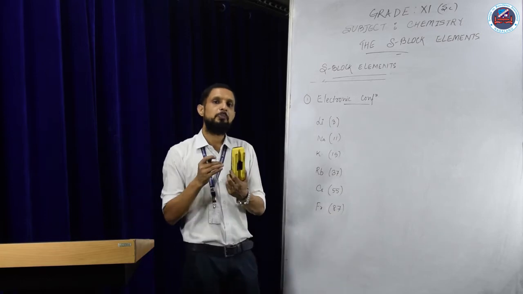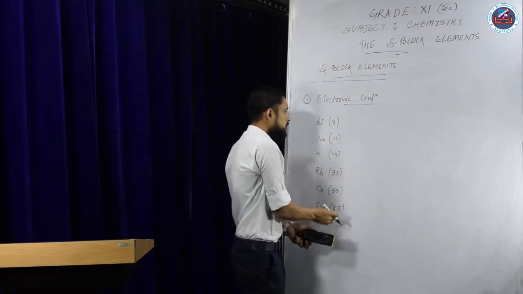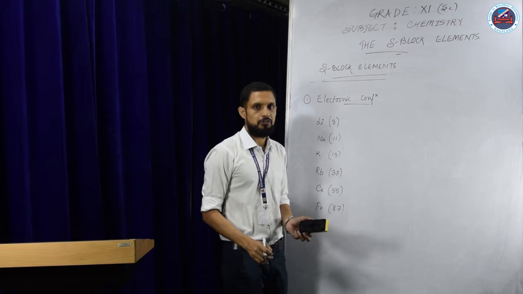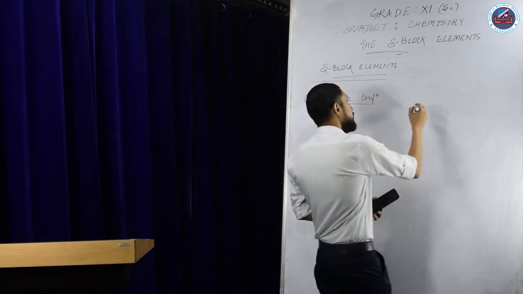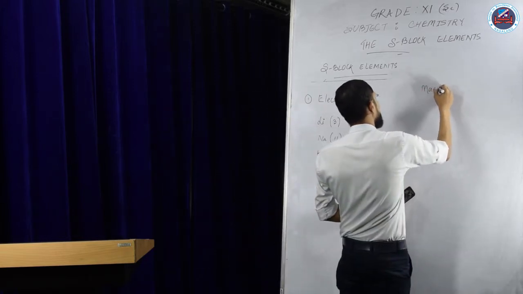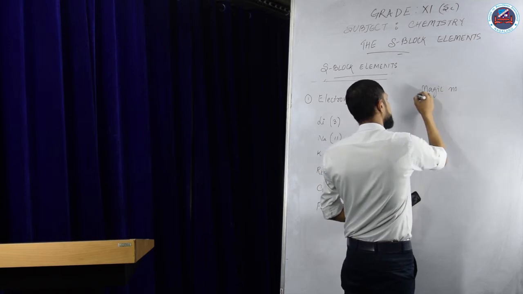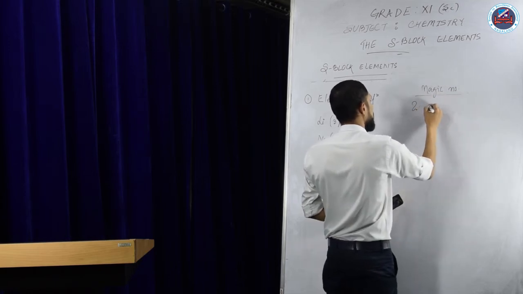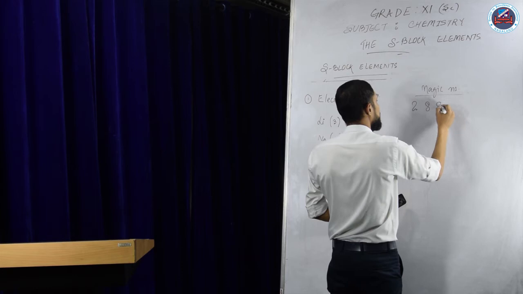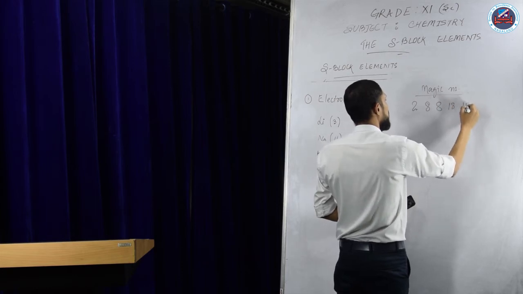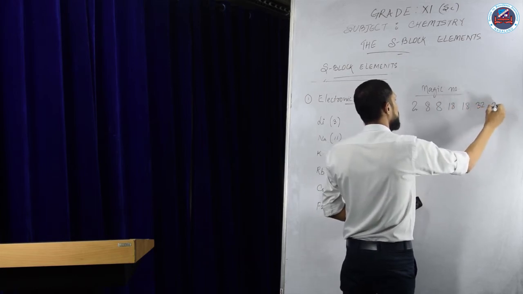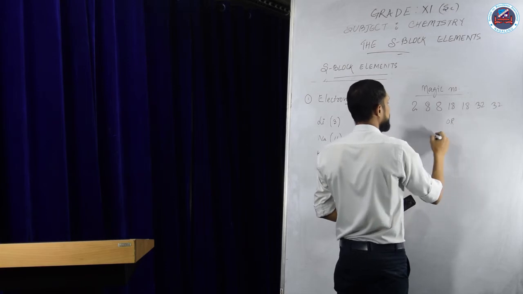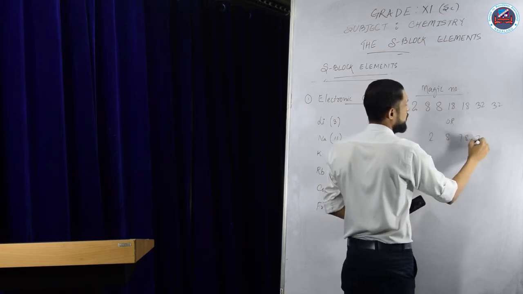Now there is a simple trick to remember the atomic numbers of the elements of group 1. There is this number called magic number, and it's 2, 8, 8, 18, 18, 32, 32. It's also written as 2, 8, 18, 32.